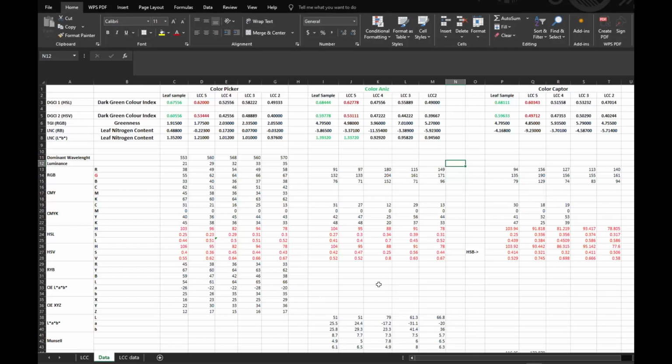Other apps are specific to a broader range of determining greenness, not just rice but other plants. Now, Field Rice has an app. I downloaded it, but it's not working, so I uninstalled it. It's useless. So maybe other people have better luck with it, but I didn't.